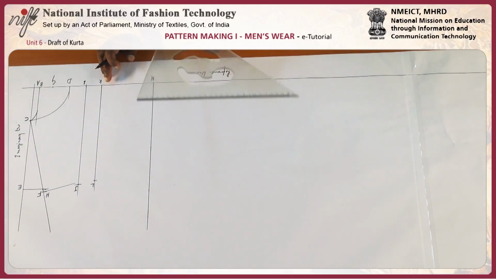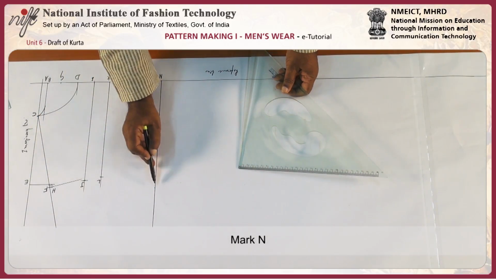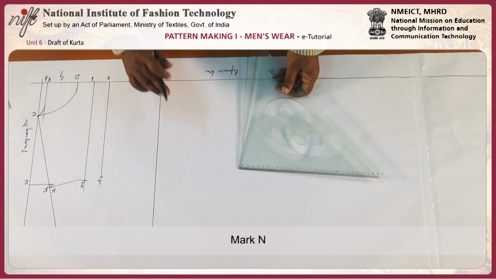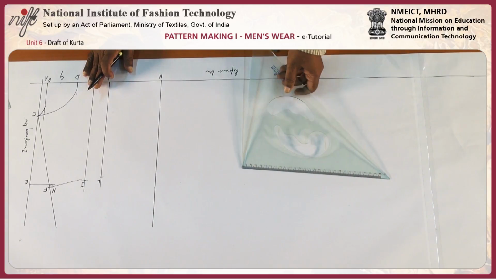And H to M is 21.5, which is half armhole minus 2.5.